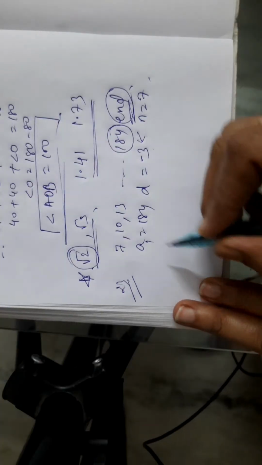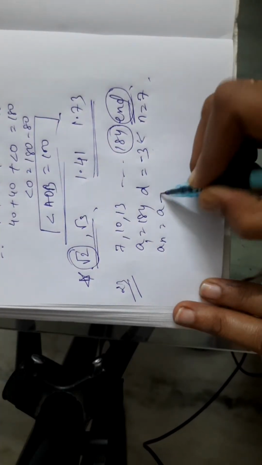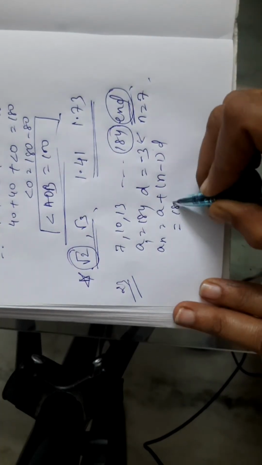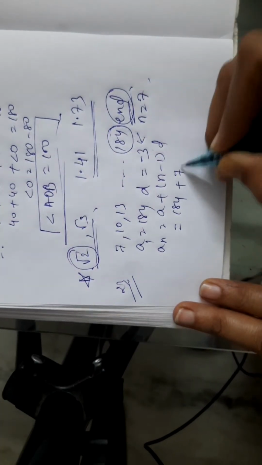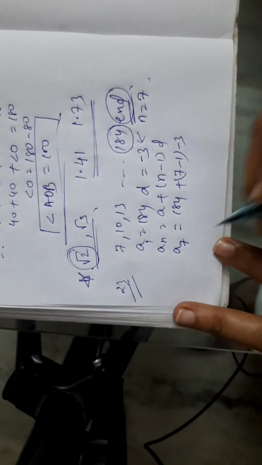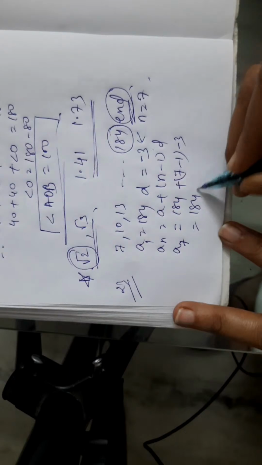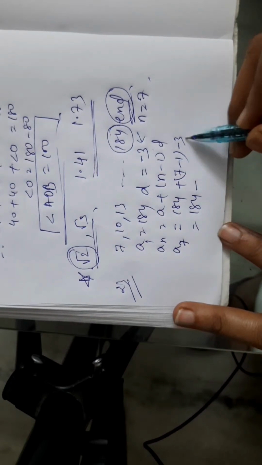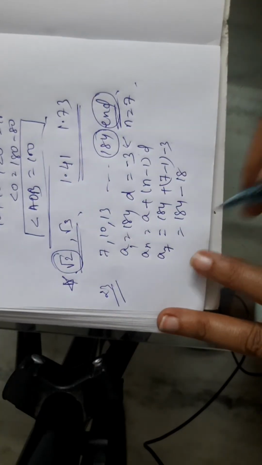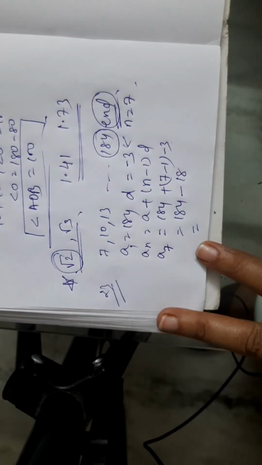Let's start the solution. An is a plus (n minus 1) d. A is 184, n is 7, so a7 we are calculating, d is minus 3. 184, 6 multiplied by 3, so it's minus 18. 6 threes are 18. Final answer, will you say?